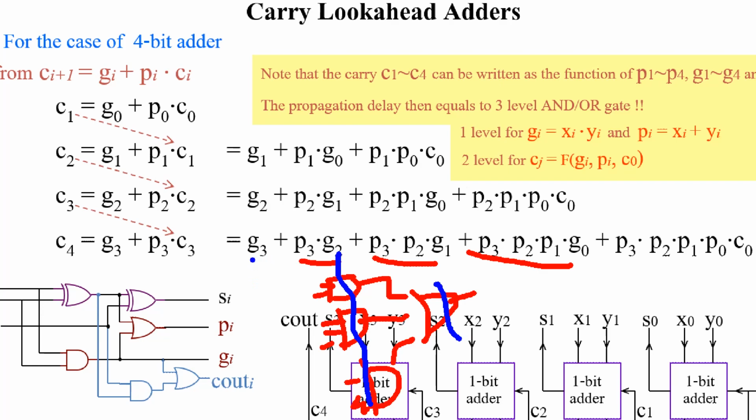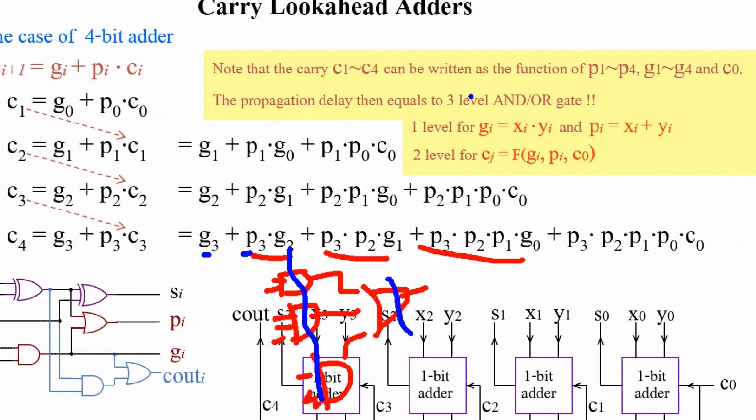And the values of G and P you can calculate by this expression. This is the first level, and two levels for AND-OR. Totally there are three levels.